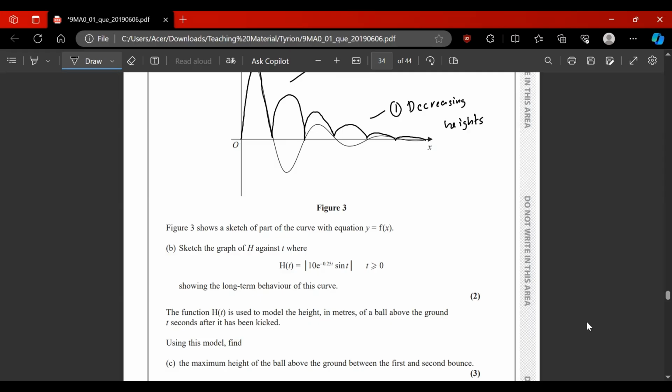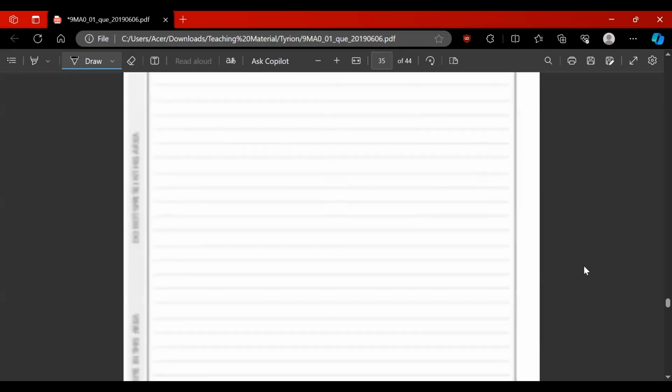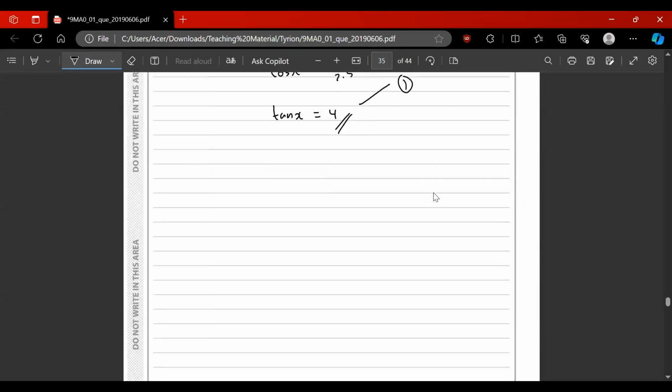So if we solve tan x = 4, we should get x = 4.47 radians.